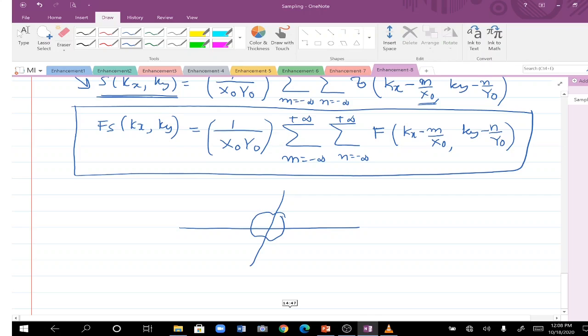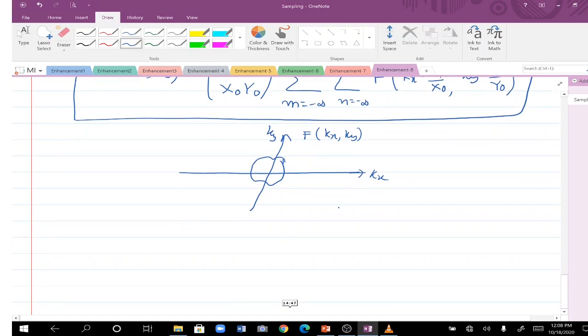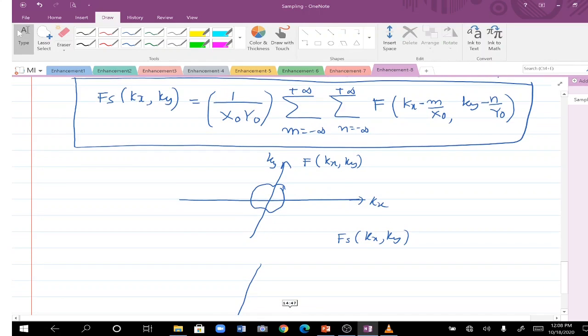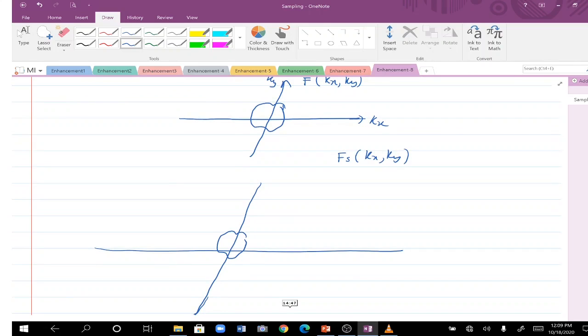Okay, assume that this is your F of kx comma ky, for varying values of kx and ky, magnitude spectrum. Let's try to now plot the magnitude spectrum for F_s of kx comma ky. How do you get that? When m and n are equal to 0, you have its copy placed at the same place as the earlier one.